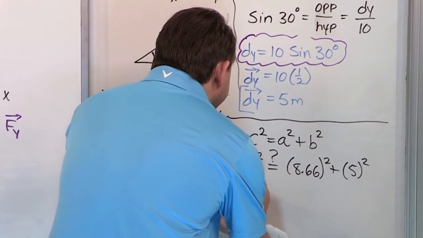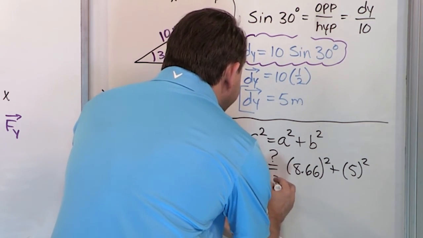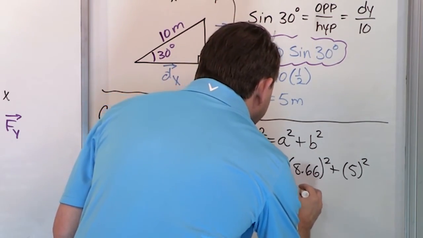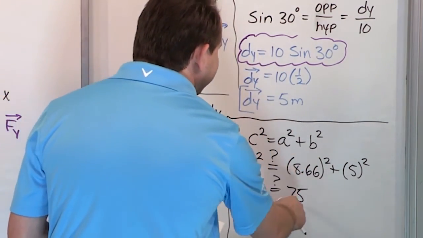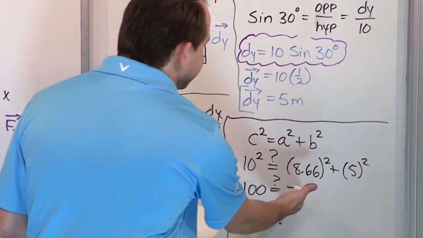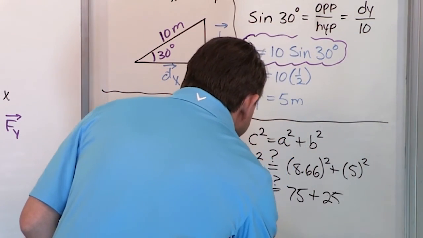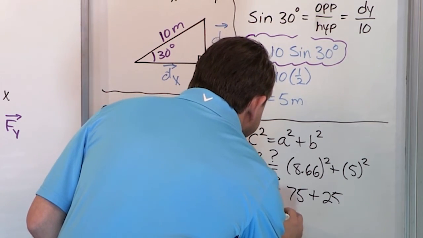So let's see, 10 squared is 100, 10 times 10. Is that equal to, what is 8.66 squared? What you're going to get is 75. Depending on how many decimals, it'll be 74.99 or something, but it'll be basically 75. And then 5 squared is 25. So what you get is 100 is equal to 100.